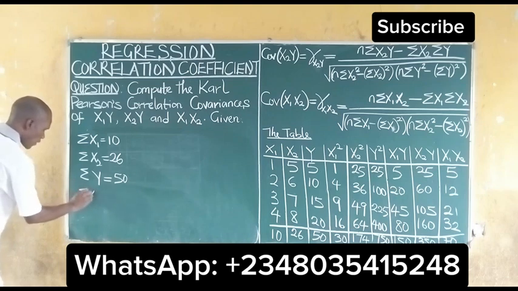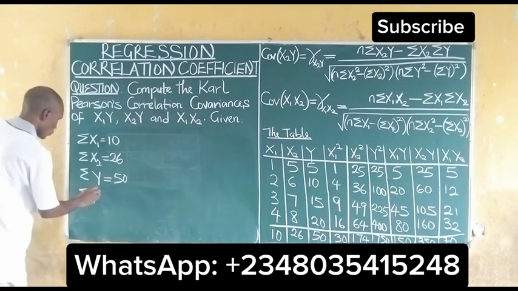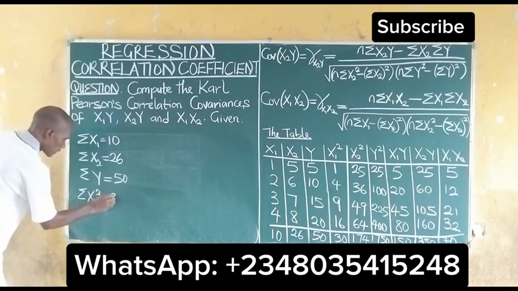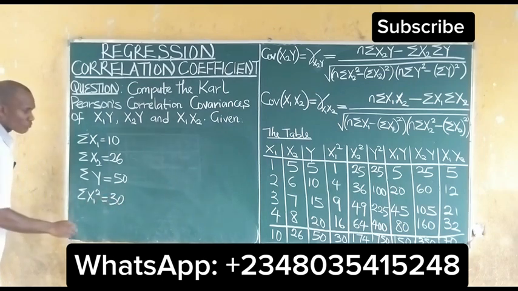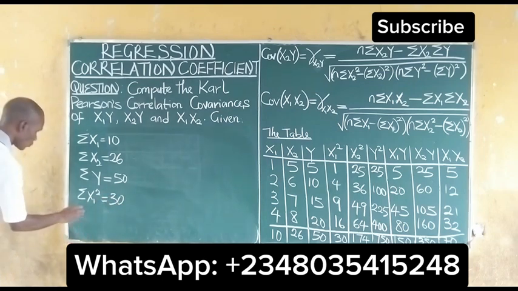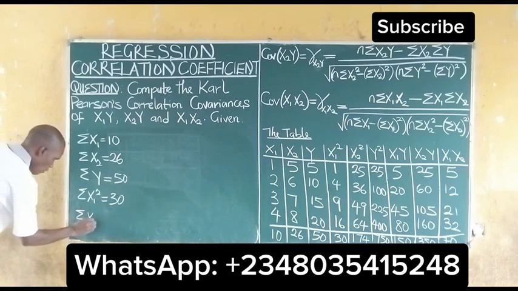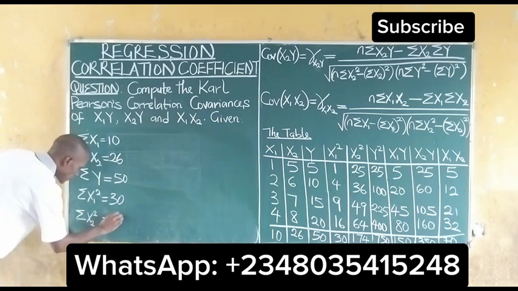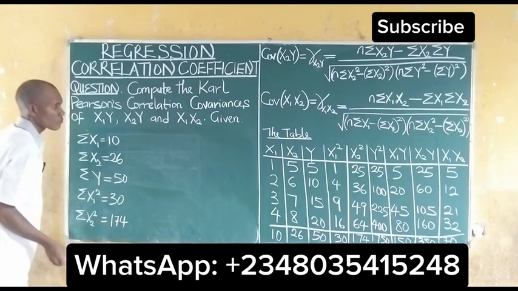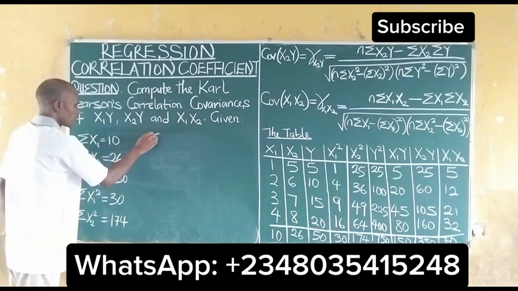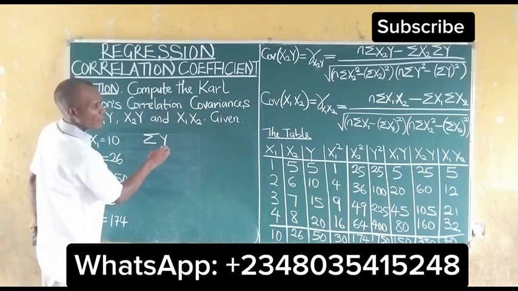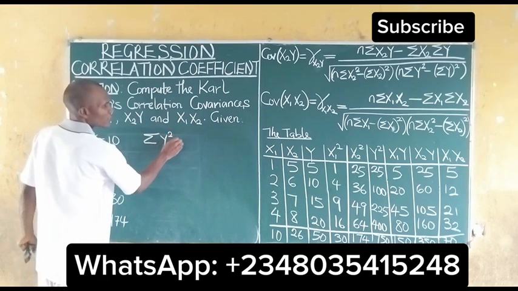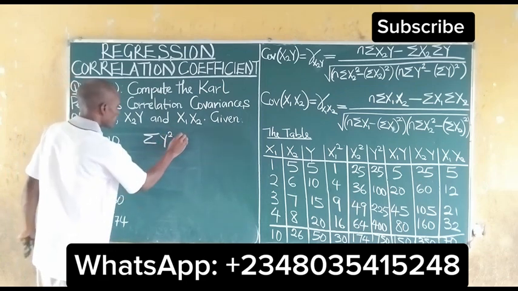The sum of x1 squared is equal to 30. The sum of x2 squared is equal to 174. The sum of y squared is equal to 750.